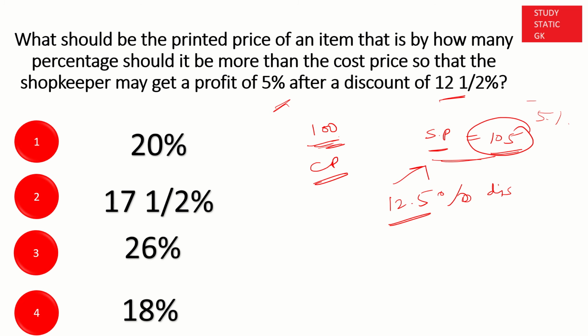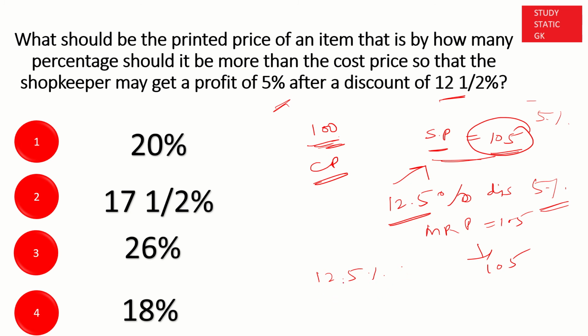So directly, if he gives MRP, like assume MRP is 105 and he is selling at 105, then he will get 5% profit directly. But he wants to sell at a 12.5% discount. Not that he claims that I am giving 12.5% discount, but at the end of the day he should get 5% profit.